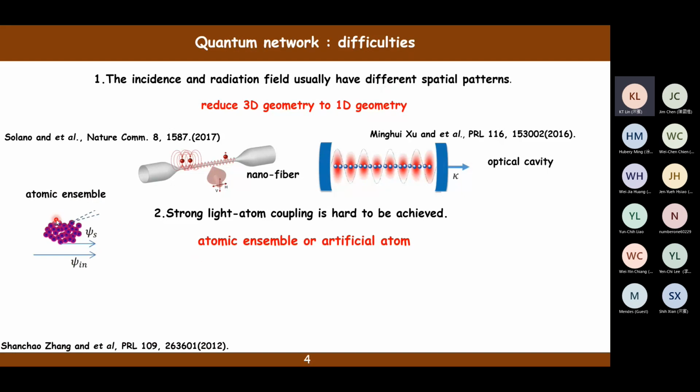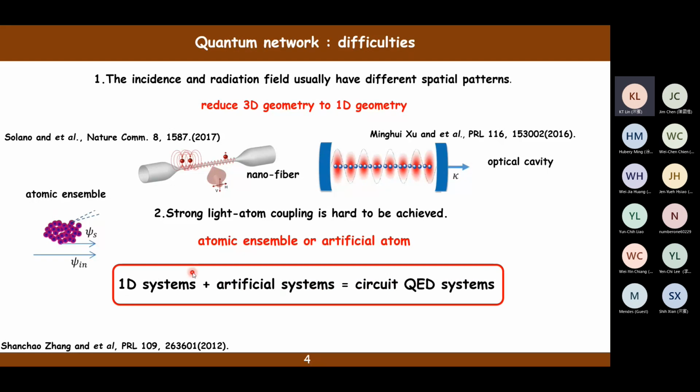It can be solved by using, for example, an atomic cloud or micro array here, where we can use many particles. We can use the cooperative effect collectively to enhance this kind of light coupling, or simply we can just use an artificial atom. So in our work, we consider a 1D system plus artificial atoms.